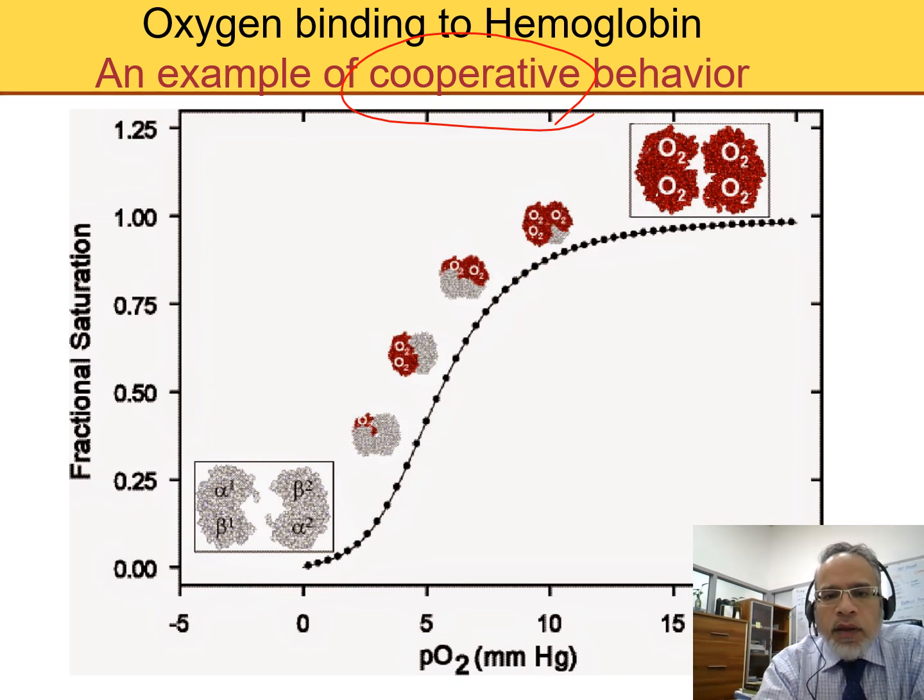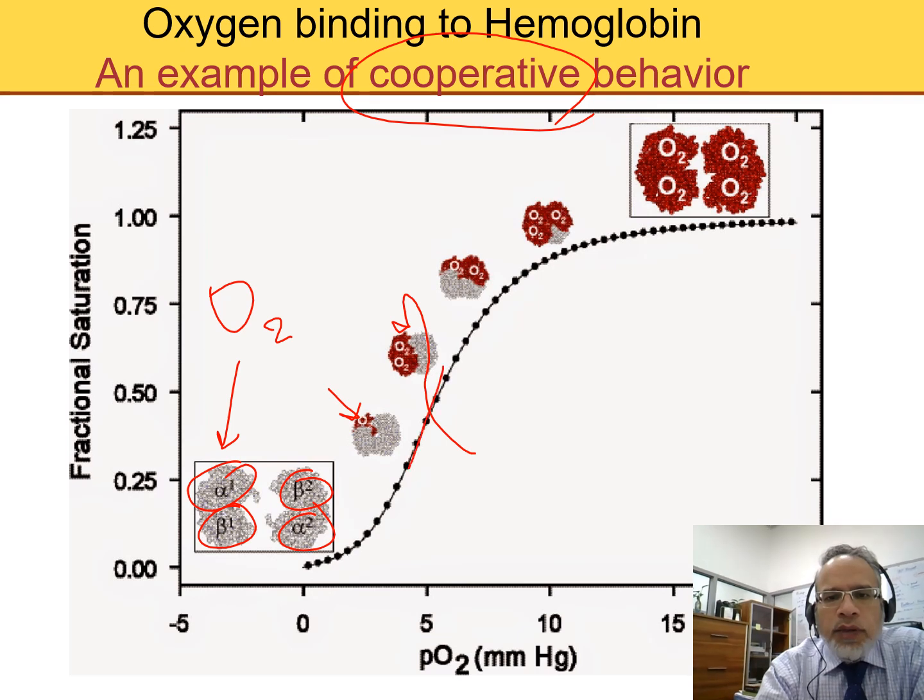So we know that hemoglobin is a tetramer. It has four subunits, 2 alpha and 2 beta, and each of them can bind oxygen, right? And it was shown here, if one subunit binds oxygen, it causes a change in the second subunit, which will bind oxygen more tightly, and that's why it goes up very fast.